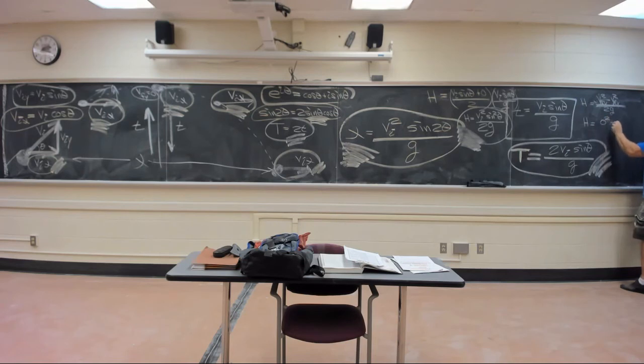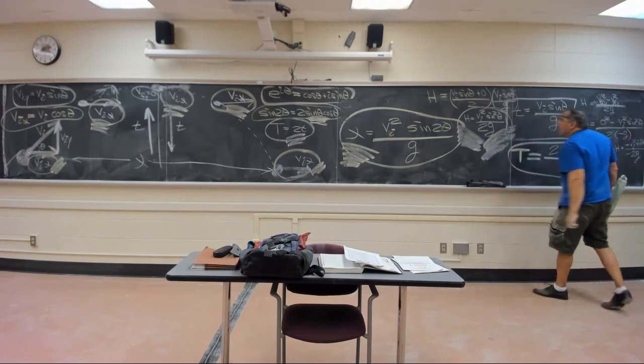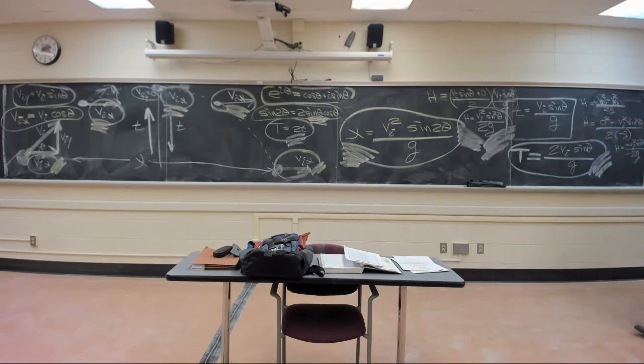VFY was 0. VIY squared is this. The acceleration is negative, so that's negative 2g. Negative VI squared sine squared theta over negative 2g. What's negative divided by negative? So that's the height.